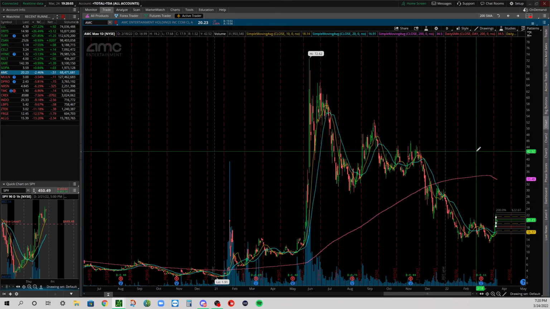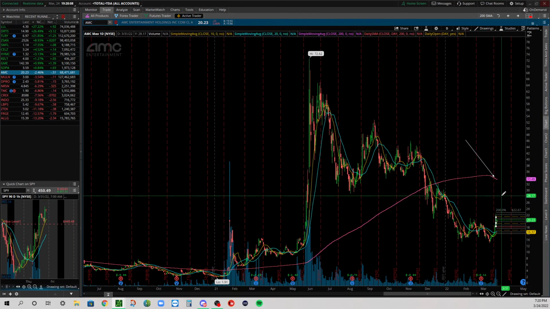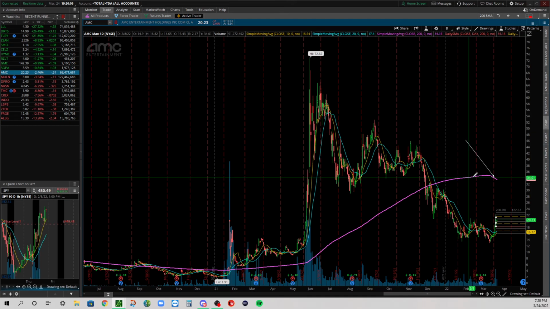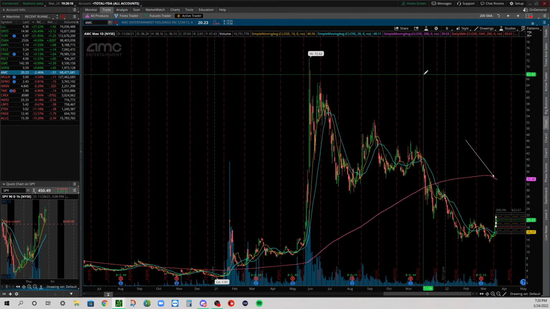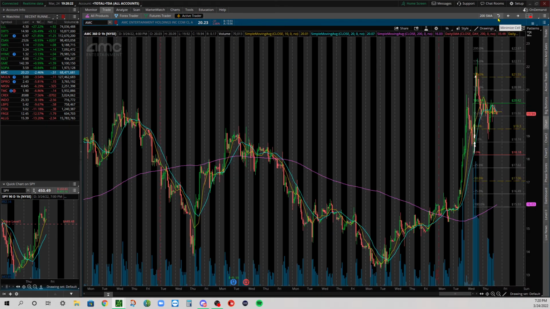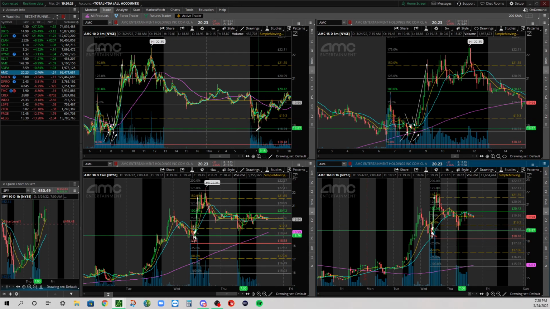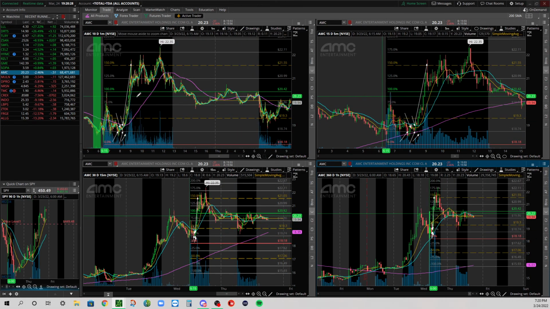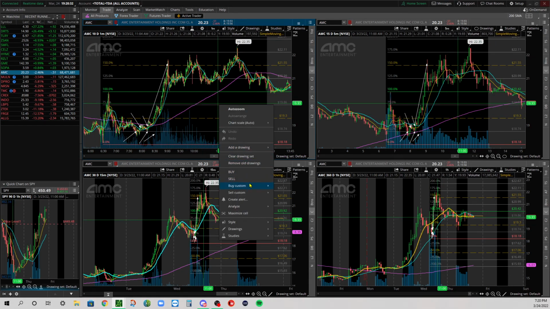So this line right here is a 200-day moving average. But as you can see, this is fixed to the daily because it's a 200 daily moving average. Okay, it's not a simple moving average. The simple moving average fluctuates with your time frame, which is nice because it's an added layer of strong support or resistance in your chart. Okay, so as you can see it right here.